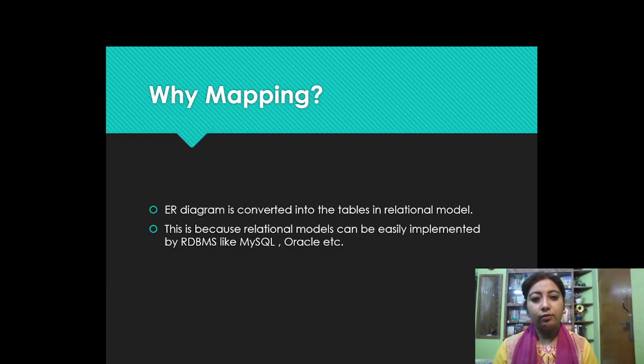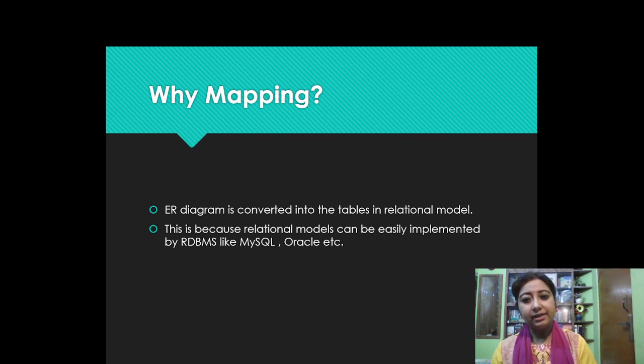Firstly, why is mapping needed? Mapping is mainly used to convert the ER diagram into the tables available in the relational model.